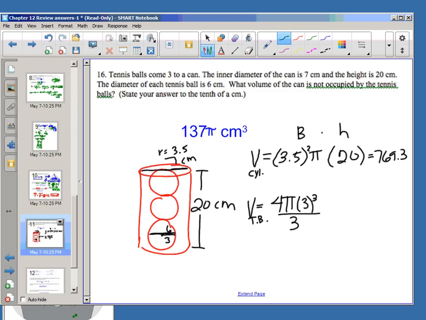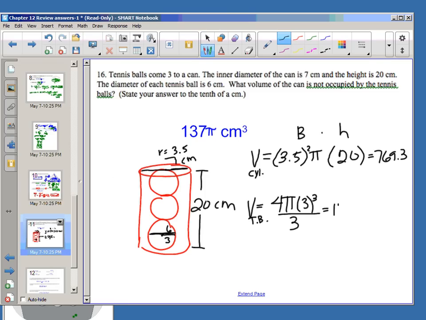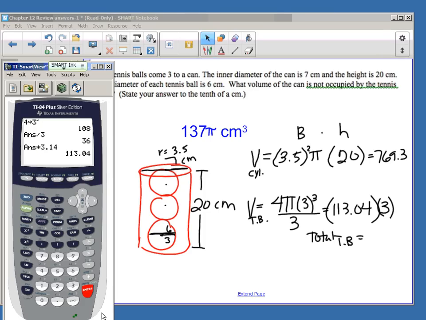Our radius is 3, so I plugged it in, divided by 3 times pi, and I get 113.04 per tennis ball. I have 3 tennis balls, so I'm going to multiply that by 3. The total for tennis balls equals 339.12.